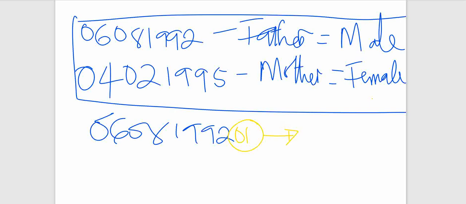So if a son of that family comes, we write the date of birth, 1st of January 2001, and then we add 1. So this 1 represents a male which belongs to this family.